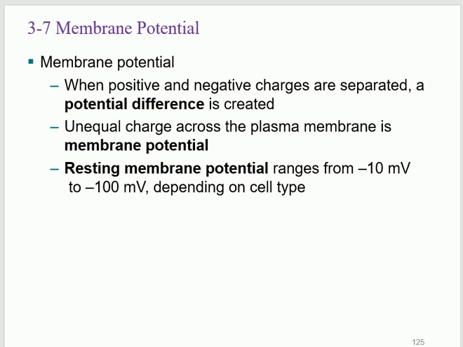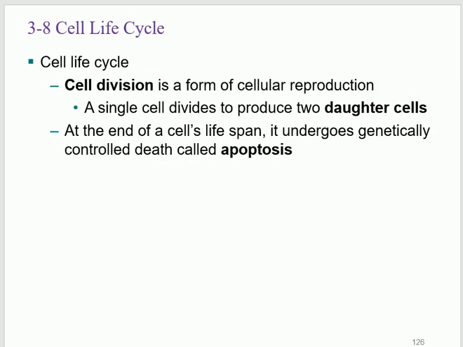It has to be negative inside compared to the outside. No, we don't say it this way. We just compare. If you look at the inside only, you have positives and negatives. That's it. How about the outside? Same thing. It's only by comparison. Comparing inside to the outside, it's negative. So we say negative 10, negative 70, whatever it is.